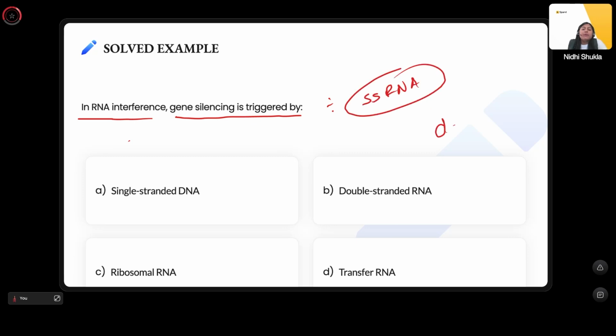Whenever a double stranded RNA is formed, the source being a viral genome or a transposon, your RNA interference process gets activated. So RNA interference, which leads to gene silencing, is triggered by the formation of double stranded RNA.